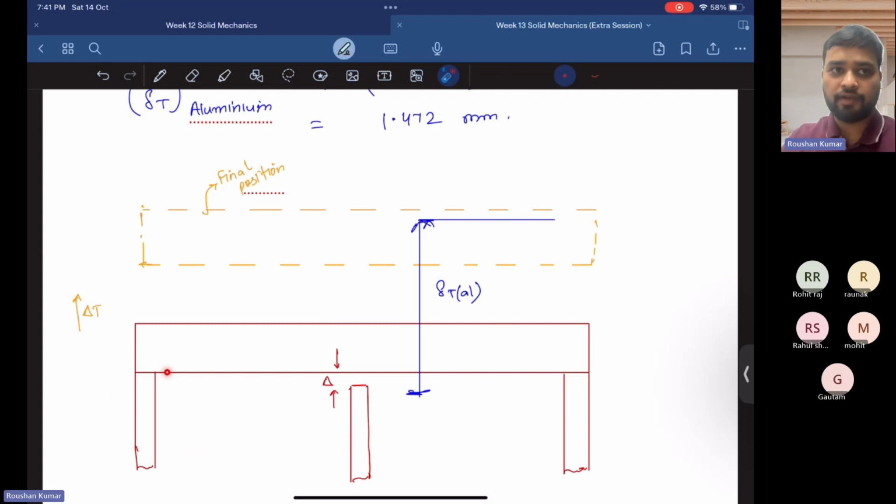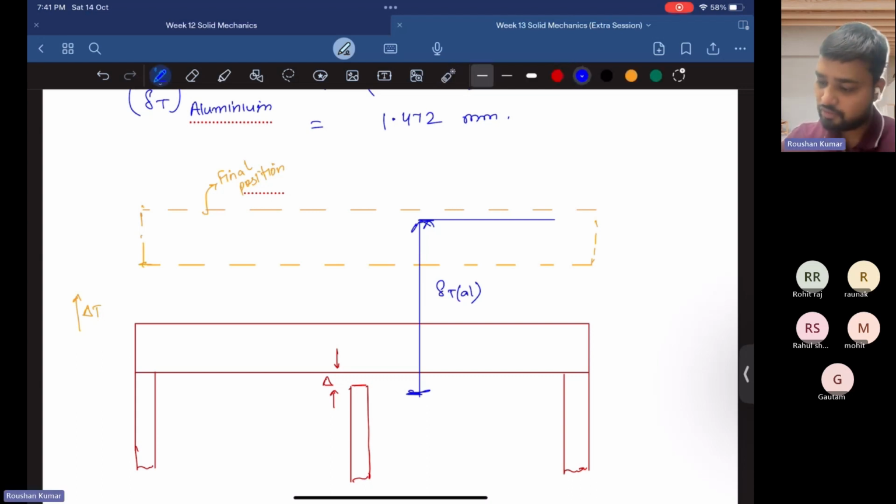Now, since the copper bar is fixed in the rigid slab, as the rigid slab goes upward, there is a change in the length of the copper bar also, and due to the thermal stress developed between the bar and the slab, it will create some thermal strain.